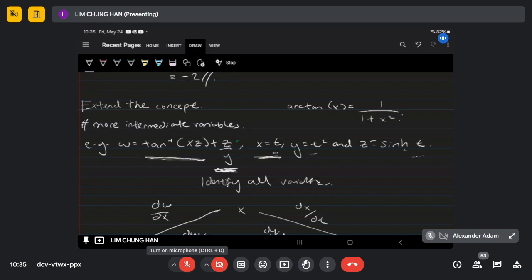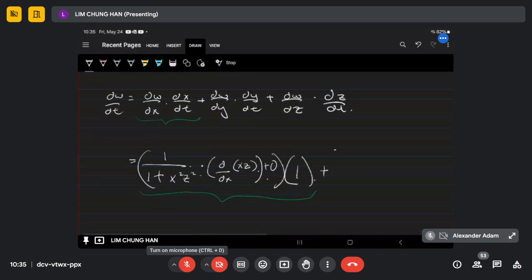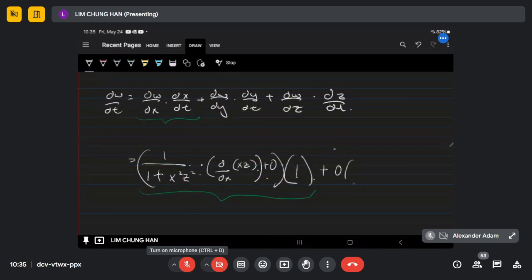What do you get when you differentiate tangent with a constant inside? 0. Yeah. Sorry, 0 plus.